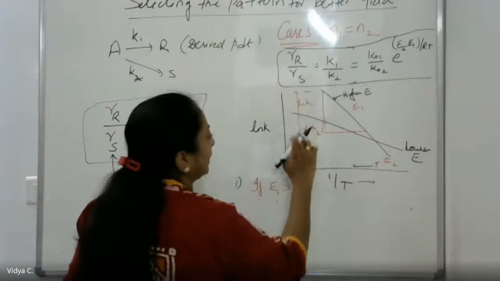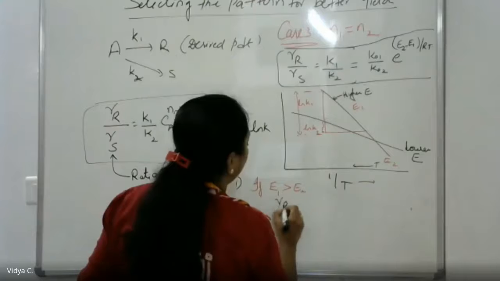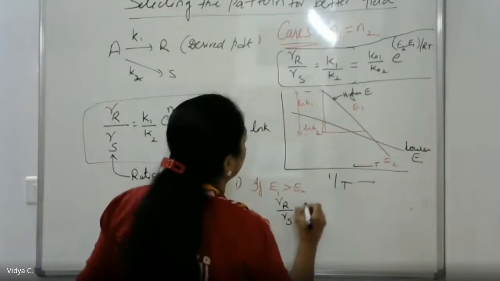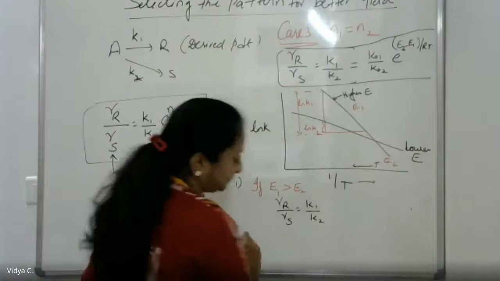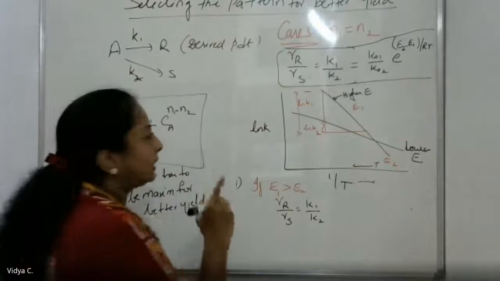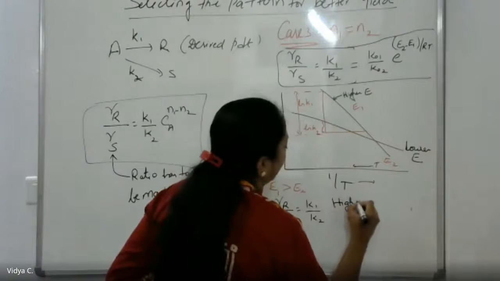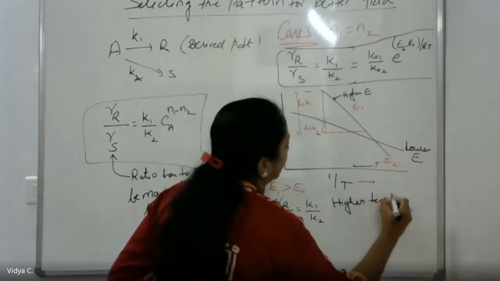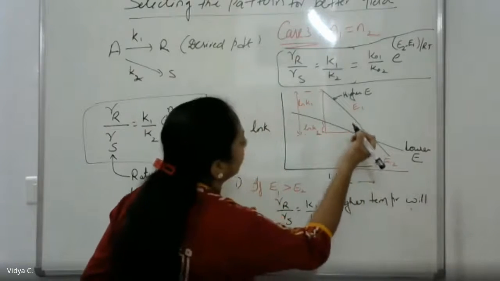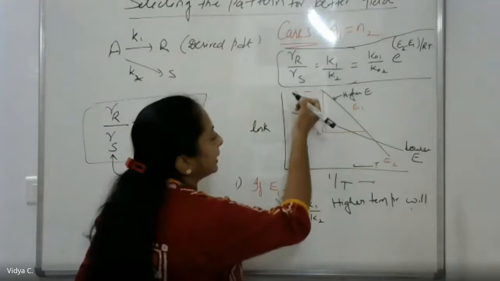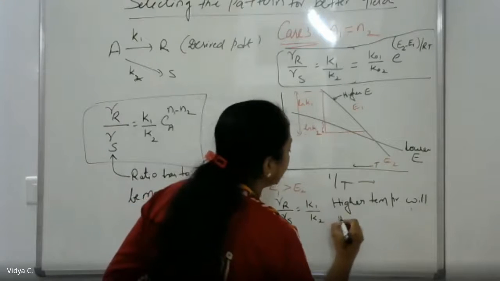Because of these higher values, K1 by K2 will be higher. So RR by RS will be maximum. K1 by K2 will be higher. So what does that indicate? Higher temperature will increase this ratio. See, as the temperature is increasing, the ratio goes on increasing. So higher temperature will increase the ratio.